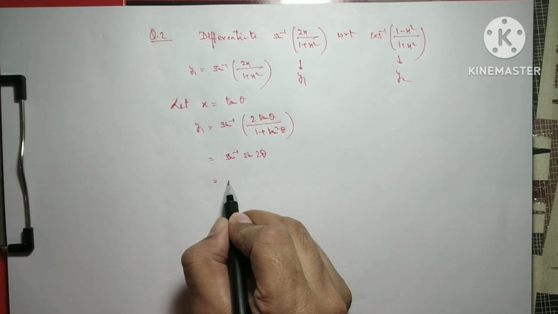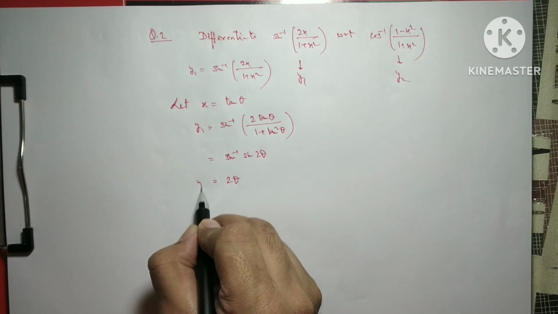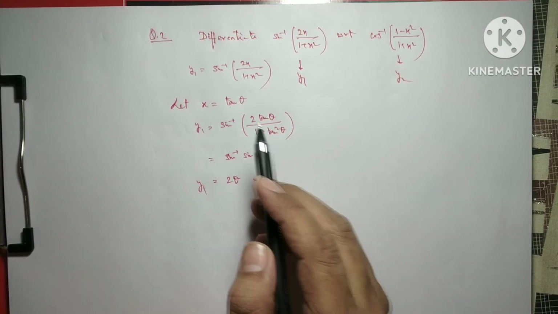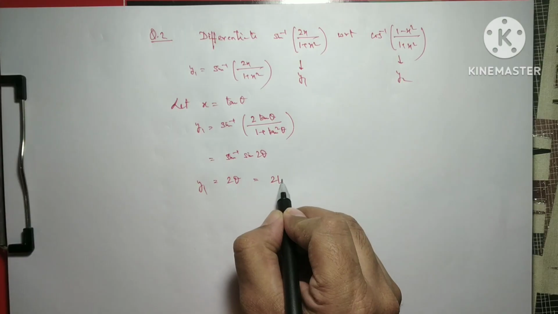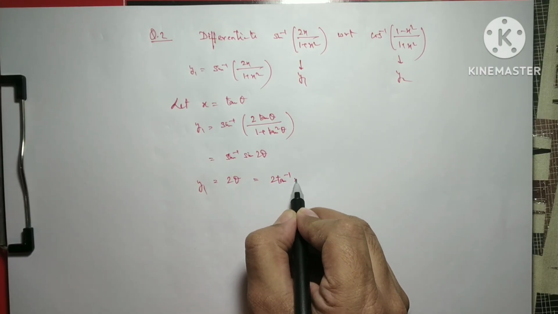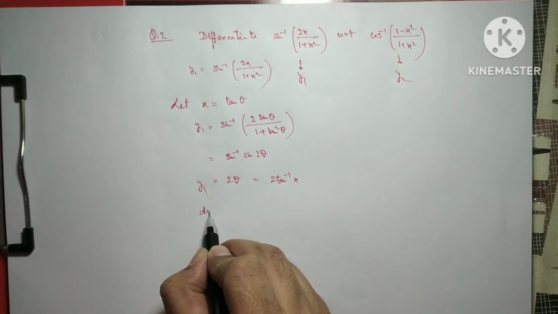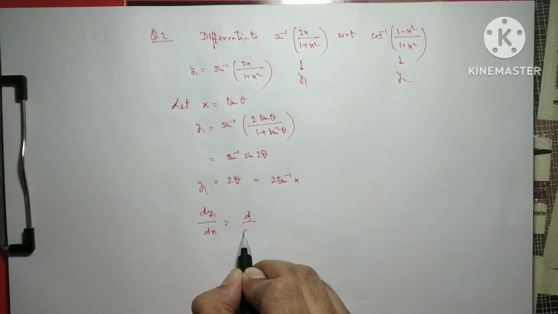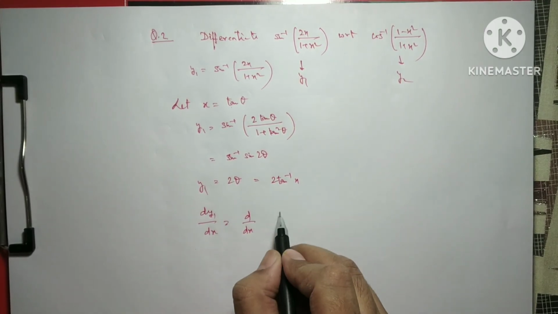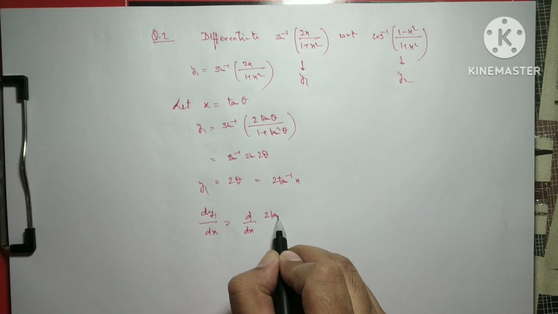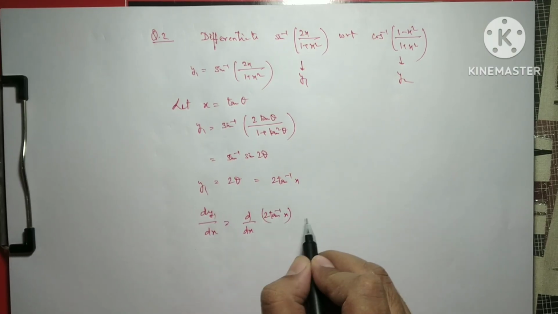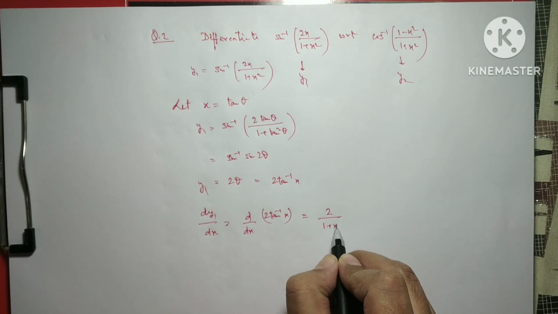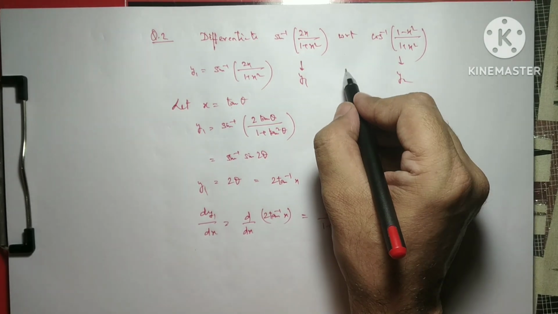So we get 2 theta, and in terms of x, theta is tan inverse x. So 2 tan inverse x is y1. So differentiate this, dy1 over dx is d over dx of this function 2 tan inverse x. So as a result we get 2 over 1 plus x square, right?